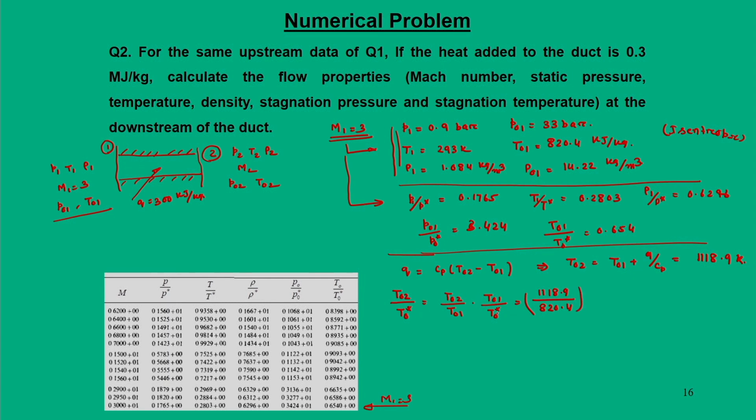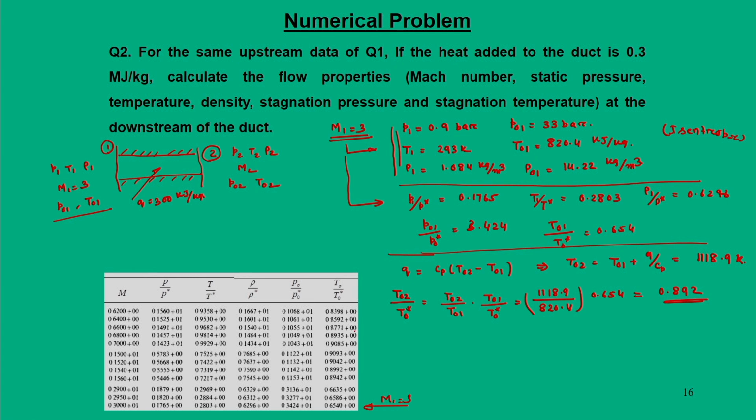This ratio T naught 1 by T naught star is 0.654. So, this will give you a value 0.892.